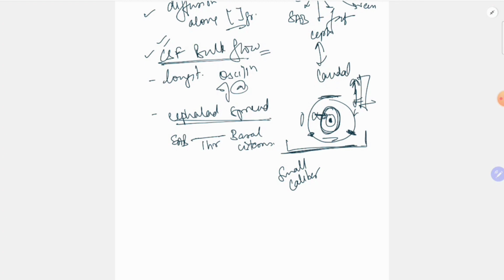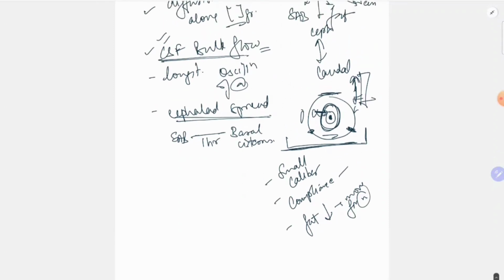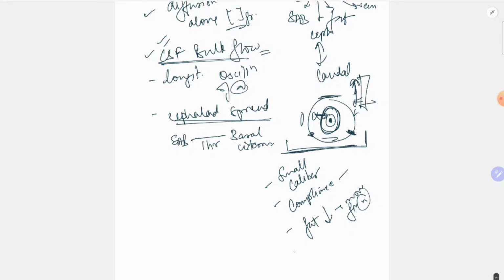Then if the epidural compliance is high, because it's a potential space, if it's a roomy cavity, then the spread is easy. If the epidural fat content is less, obviously there is more for the nerves. So again, the spread would be easy and faster, or the effect will come faster, right?